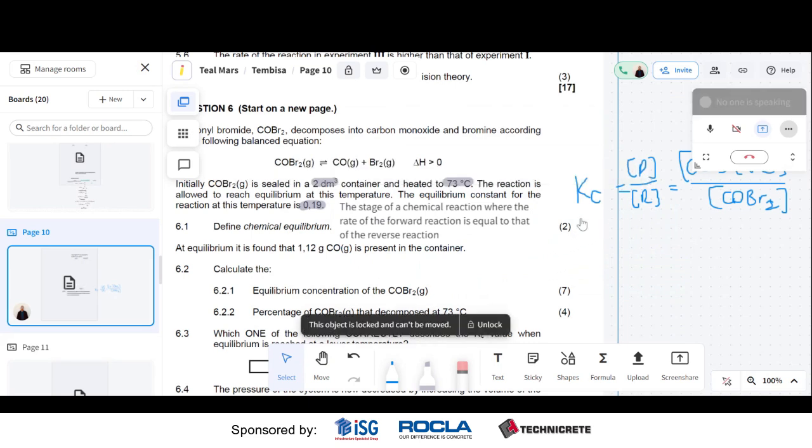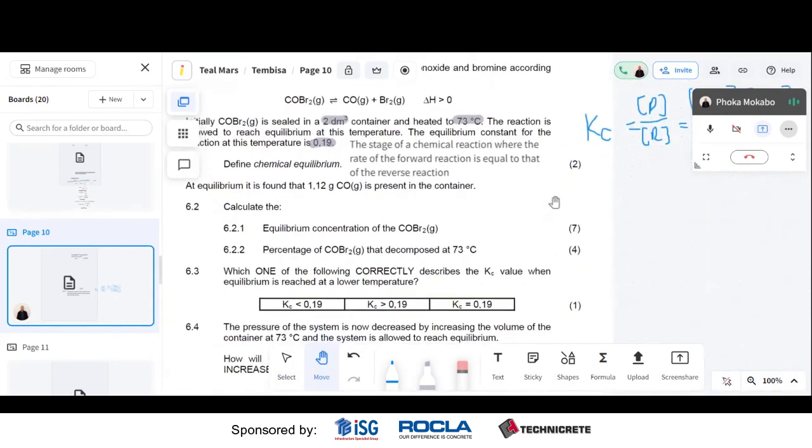Again, just to reiterate, it is the stage where the rate of the forward reaction is exactly equal to that of the reverse reaction, where the concentration of the products remains the same as the concentration of the reactants. We call it dynamic equilibrium.